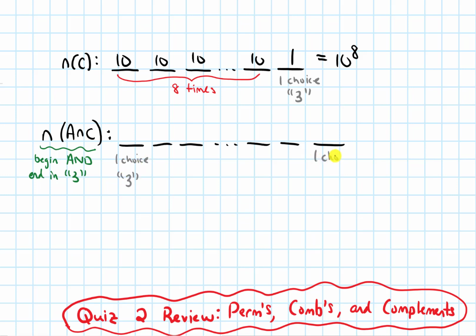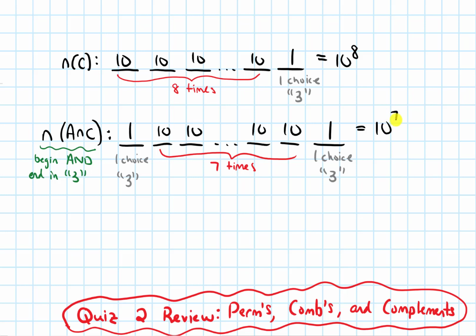And there's one choice for what we end with, because it has to be a 3 as well now. So let me put a 1 for both of those spots. But for all of the remaining digits in the middle, we can use any of the 10 digits. So 10 choices here, 10 choices here, and continuing like that, 10 for each of these spots. We have one choice for the first digit and the last digit, but that still leaves 7 digits, 7 times that we have 10 choices. Multiplying this out, we get 10 to the 7.